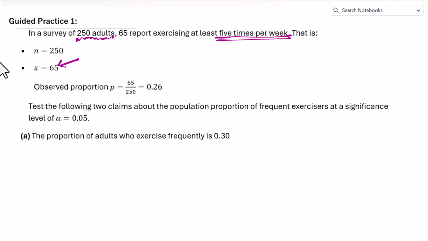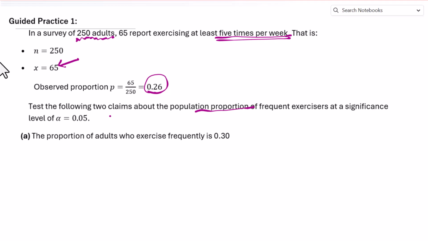Observed proportion P equals 0.26. Test the following two claims about the population proportion of frequent exercisers at a significance level of alpha equals 0.05.